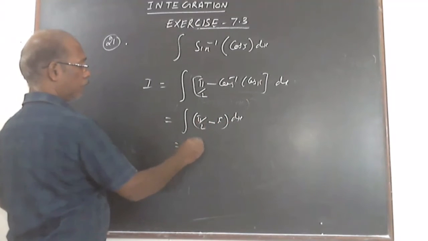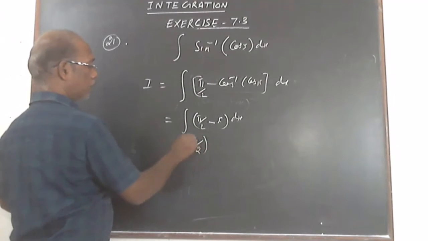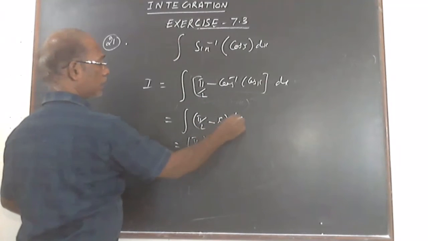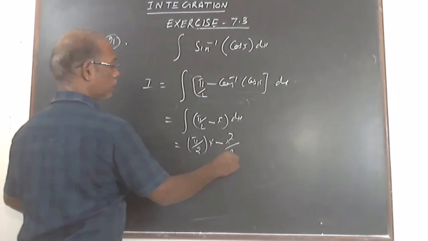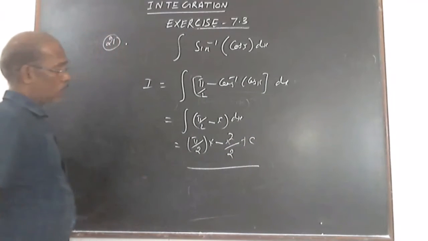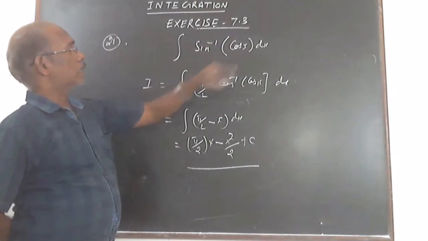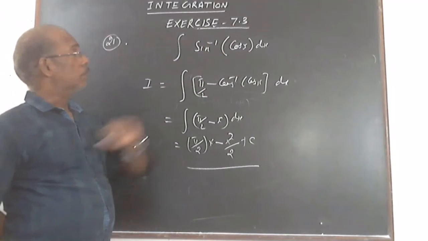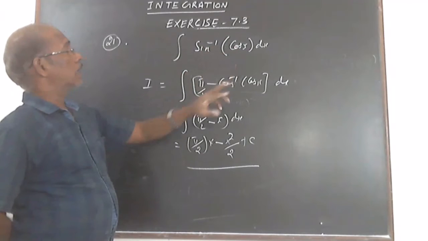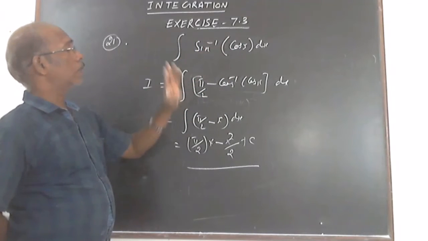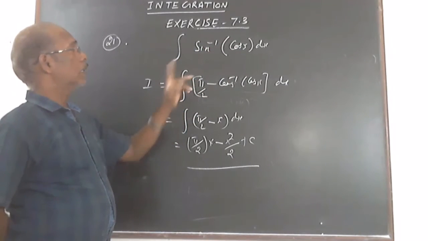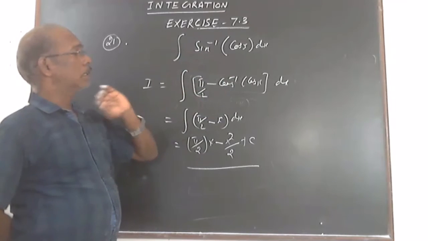Then the integral of pi by 2, being constant, is pi by 2 in dx. Integral of x with respect to dx is x squared by 2 with the integral constant. So this is the integrated value of sine inverse of cos x dx. Instead of sine inverse of cos x, we use pi by 2 minus cos inverse of cos x.